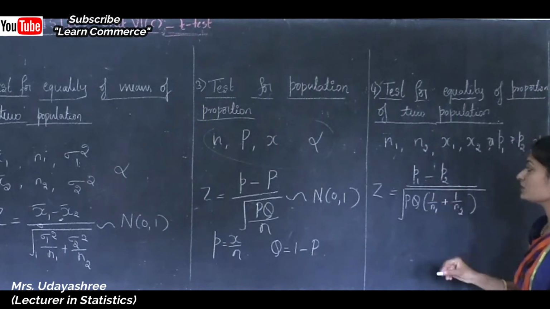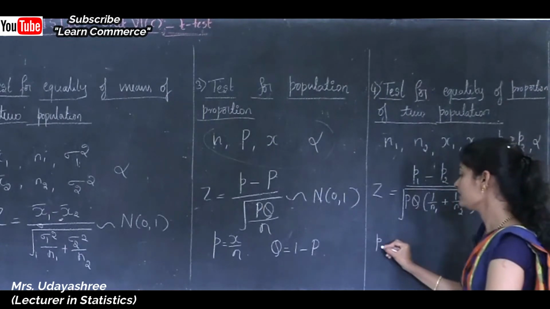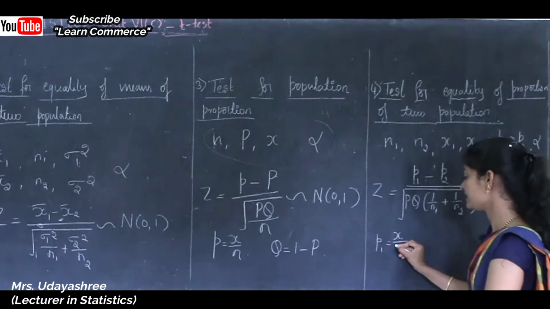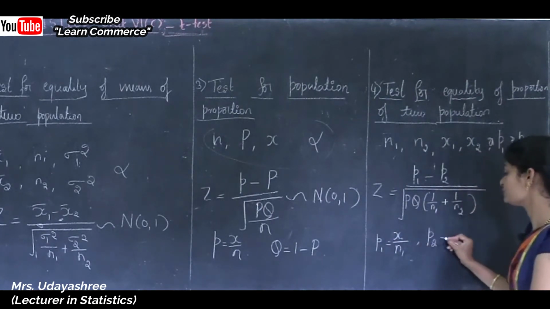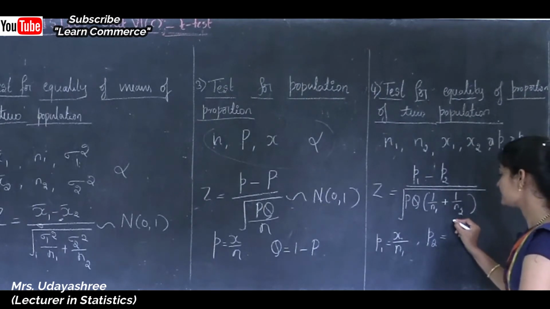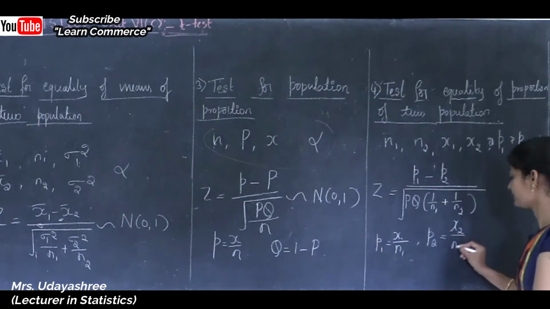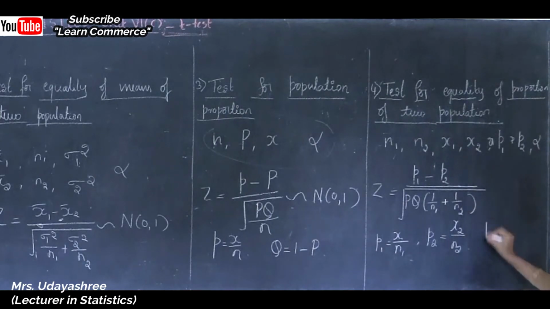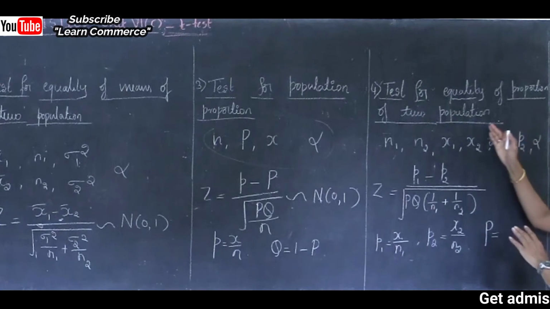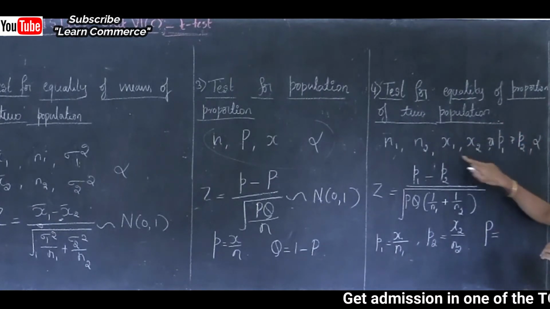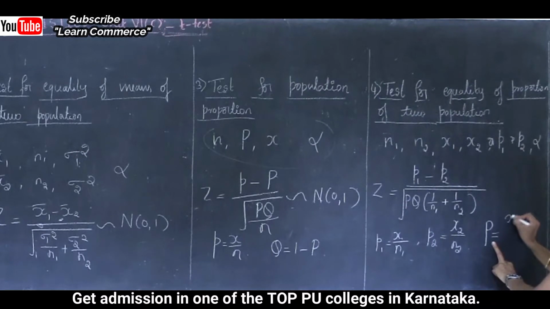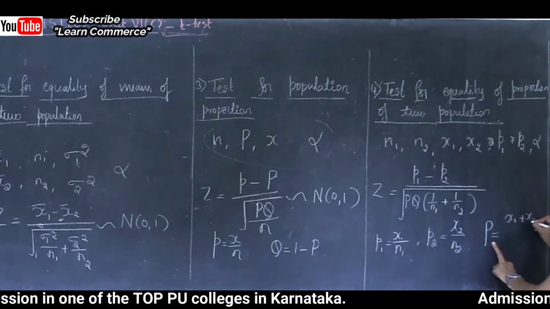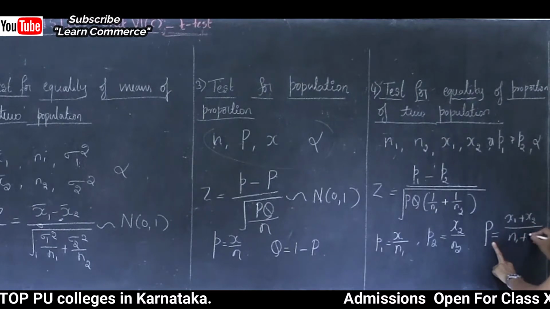To calculate p1 we use the formula x1 divided by n1, and to calculate p2 we use the formula x2 divided by n2. To calculate capital letter P, in the case where x1 and x2 are given in the question, we use P is equal to x1 plus x2 divided by n1 plus n2.